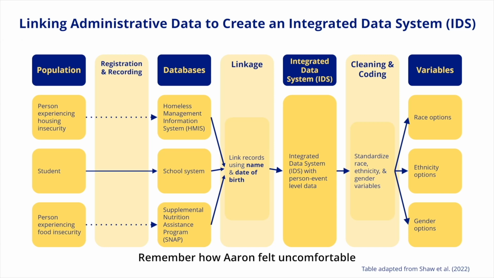Remember how Aaron felt uncomfortable with the idea of seeking homeless shelter services? Keep in mind that not everyone in these different populations will end up in their respective databases. That is what the dotted line represents. So even if Aaron loses their apartment, they may not end up seeking homeless shelter.